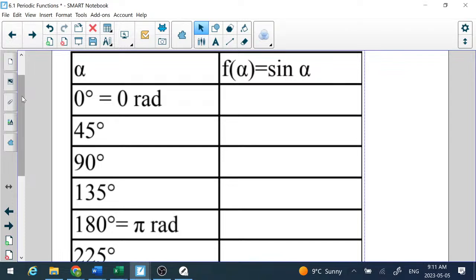Okay, well, look at the point for 0 degrees on the unit circle. Where's the 0 degrees at? 1, 0. Everybody agree? So what's y over r if your x is 1 and your y is 0?